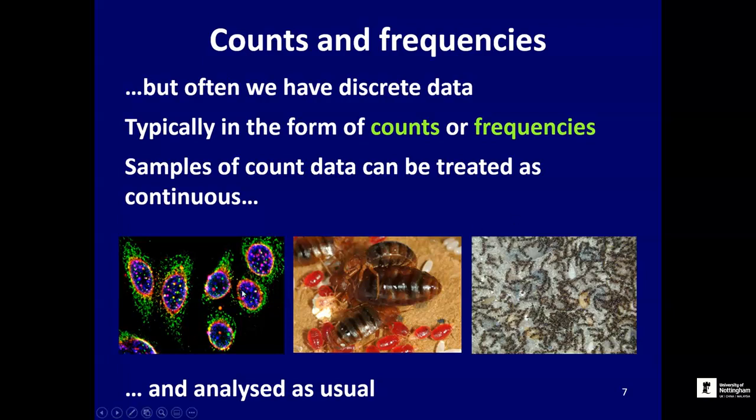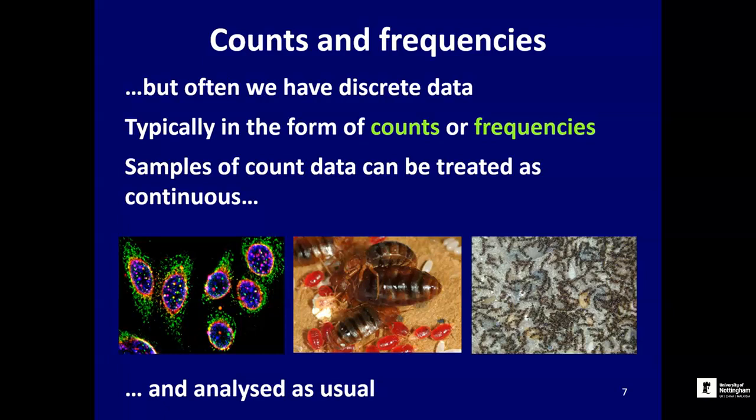So what do I mean? Well, here's three things that we could count. We could count cells down a microscope, we could count bed bugs in your bed or ants in an ant's nest, and we end up with a number, 300 ants or 200 cells or whatever it might be, which is numeric and can be treated as if it's continuous, even though you can't have half an ant or half a cell if that's what you're counting.